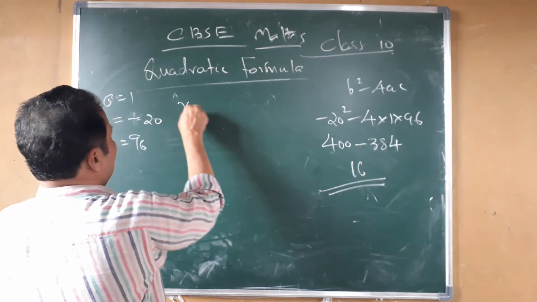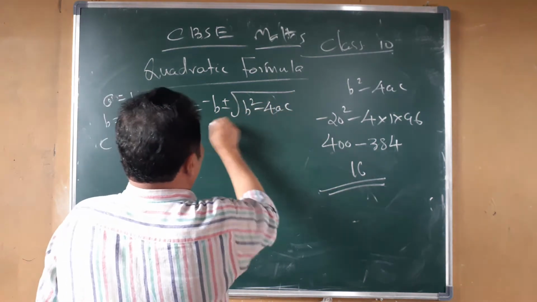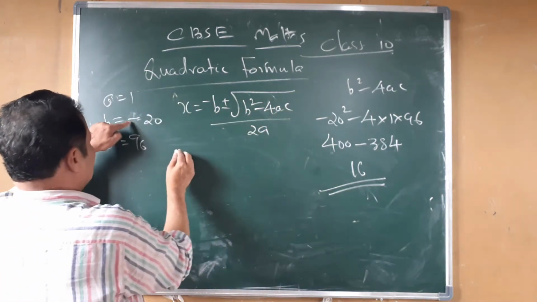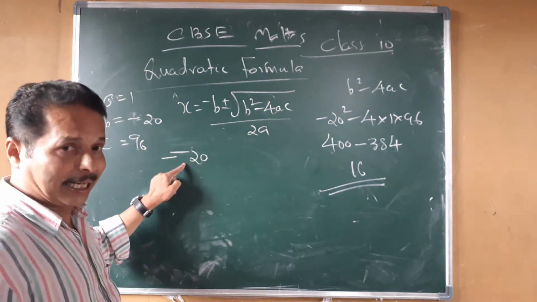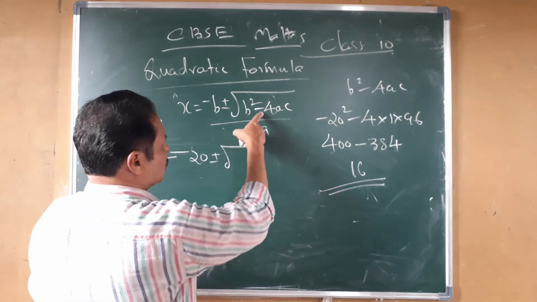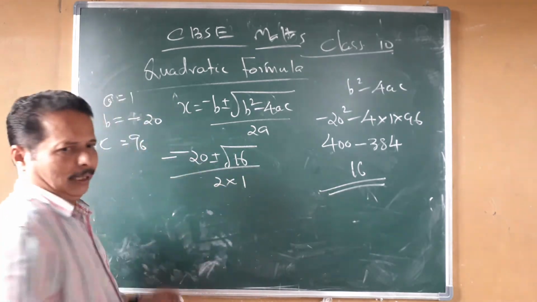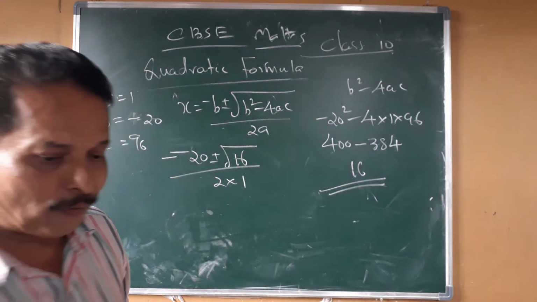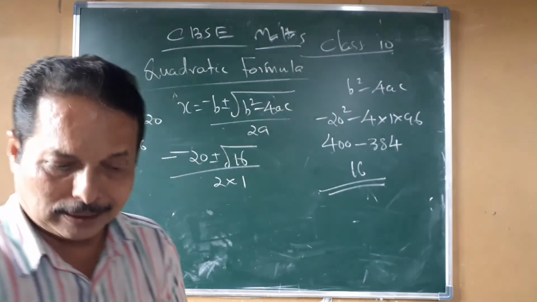Now your formula is x is equal to minus b plus or minus root b square minus 4ac by 2a. Minus b means minus minus 20. b is already negative, so minus b is minus minus 20, plus or minus root 16, divided by 2 into a, which is 1. Look carefully at the numbers.